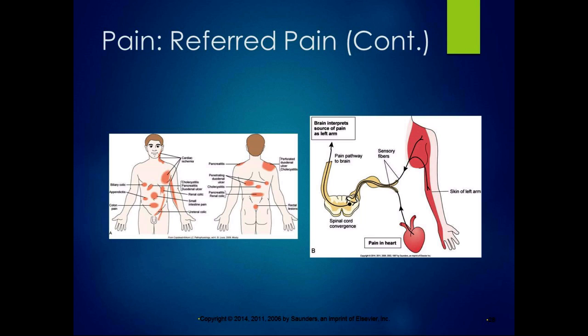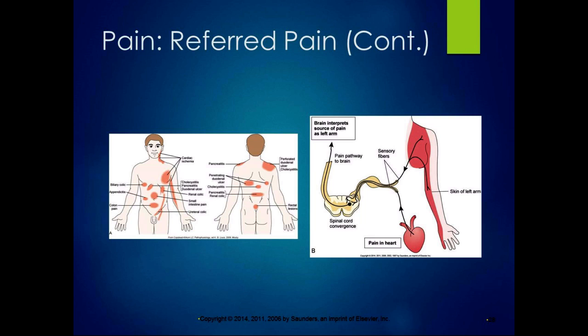Cardiac ischemia can refer pain to the left side of the chest, arm, or neck. So that can be dismissed as something else. And you can see the patterns for some of the other areas. So sometimes pain isn't always coming from where it seems to come.